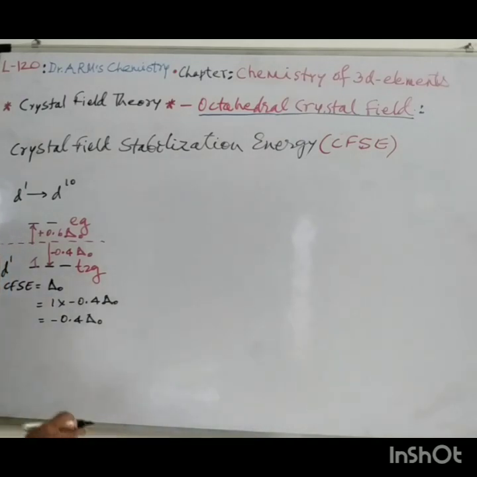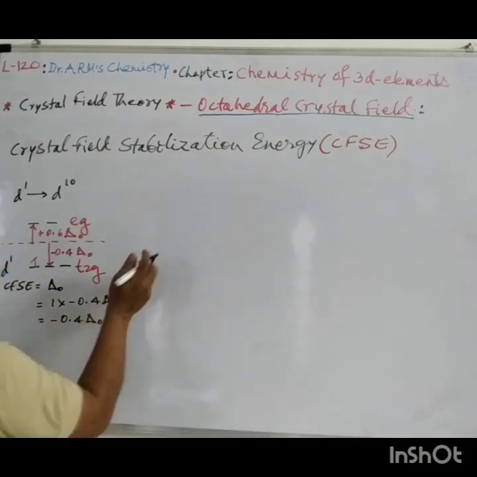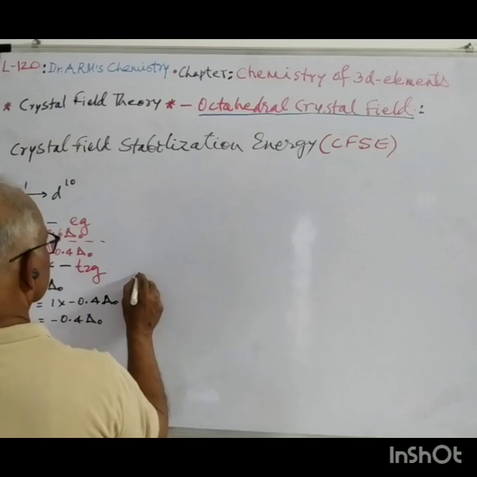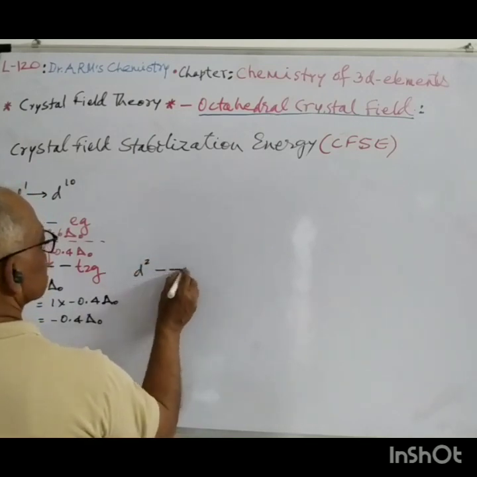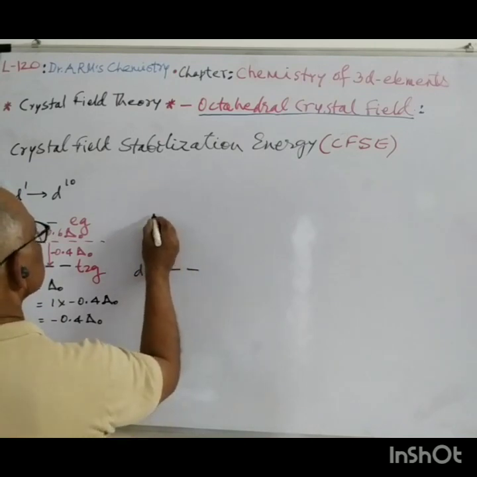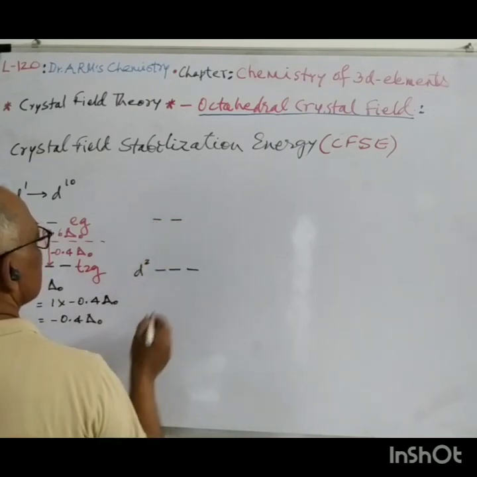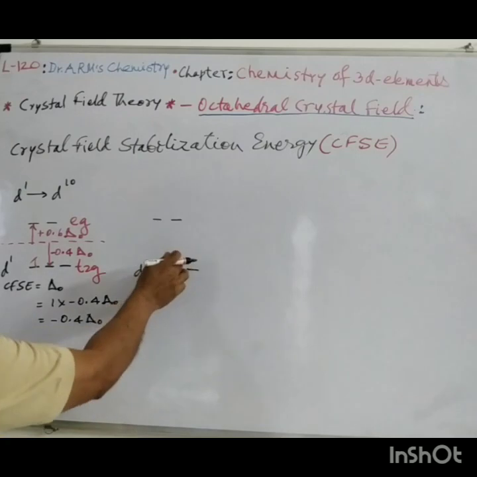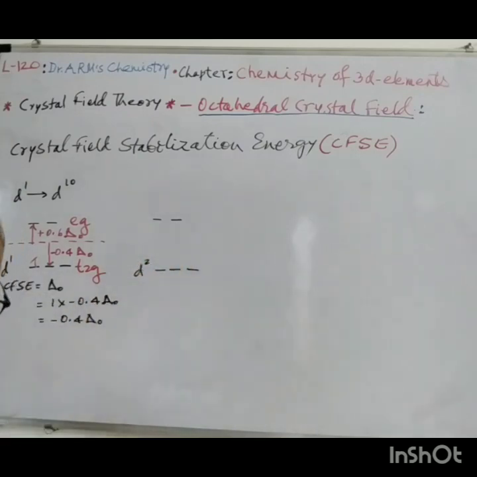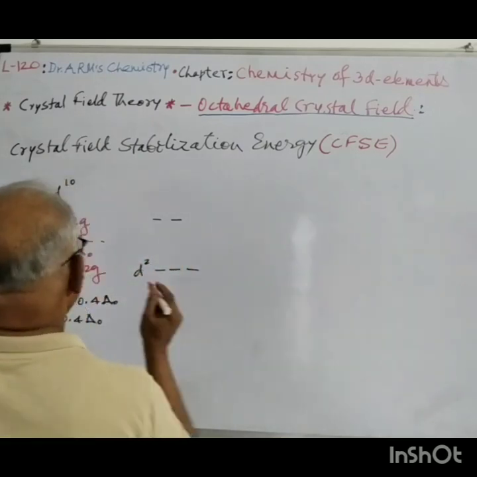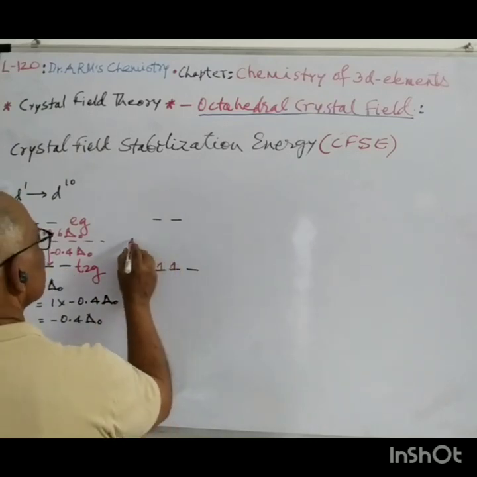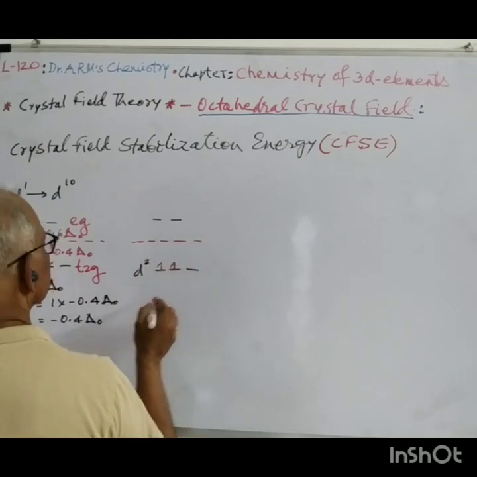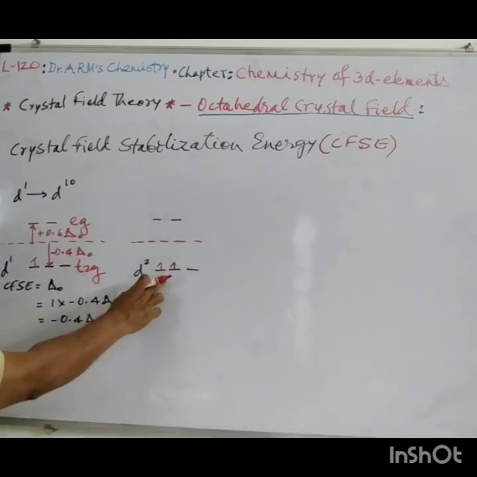We will see the next configuration, that is the d2 configuration. These are the t2g and eg orbitals, and there are 2 electrons present. This is the barycenter.